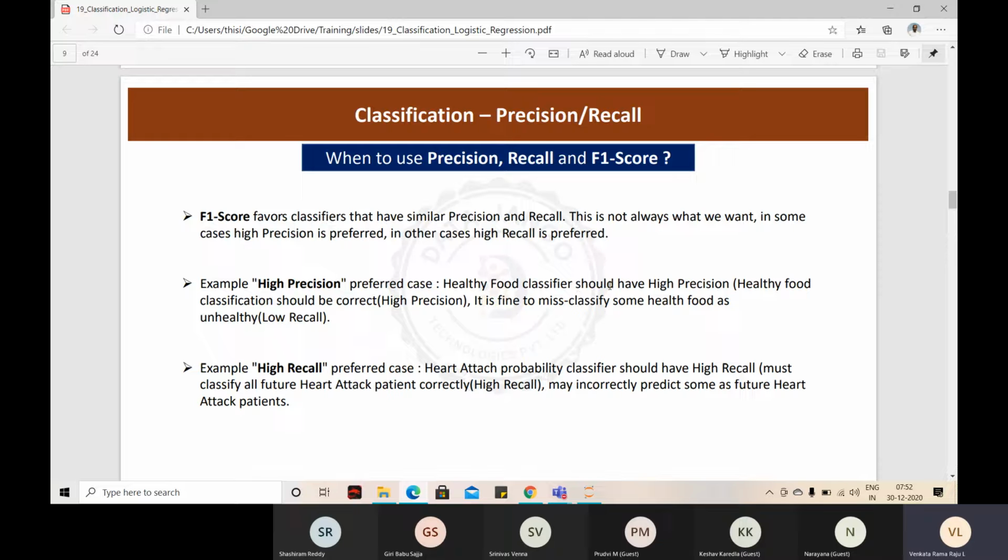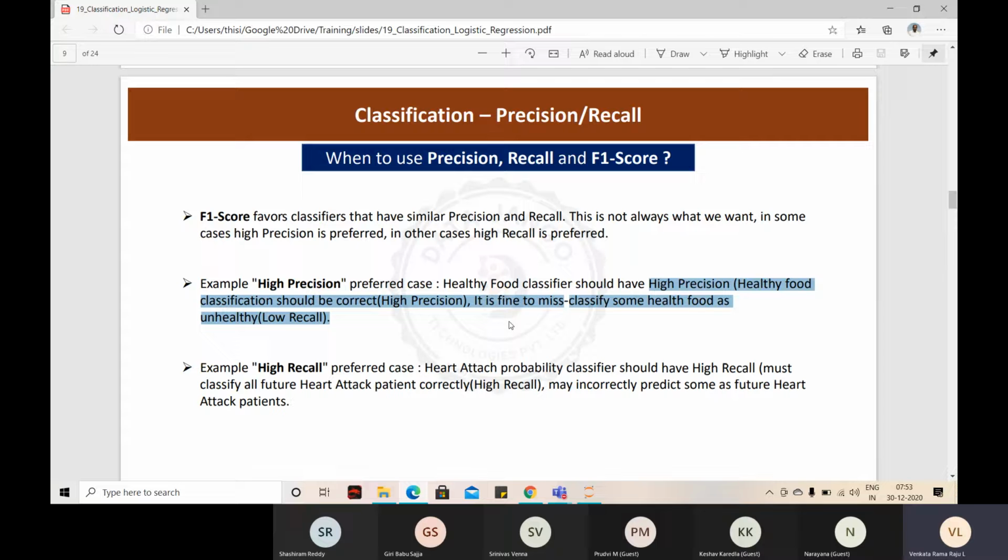So for the healthy food classifier, it should have high precision, because whatever it predicts as good should be good, right? So high precision should be there. Recall, we don't care.